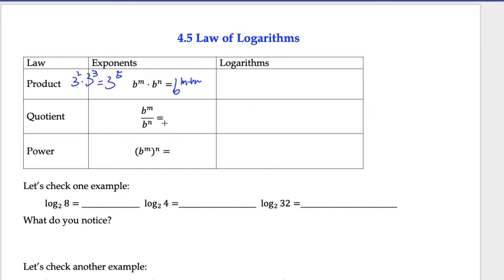And when we divide powers with the same base, we subtract exponents. For example, 5 to the third power divided by 5. When we write no exponent, it's actually an invisible 1. So it's actually 5 to the second power. And for a power of a power, we multiply exponents.